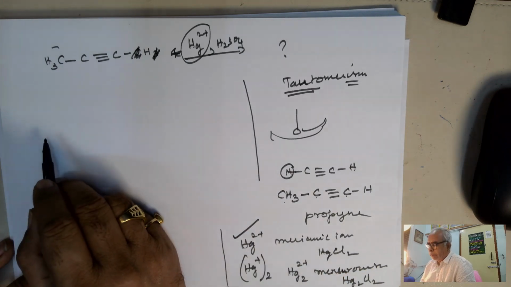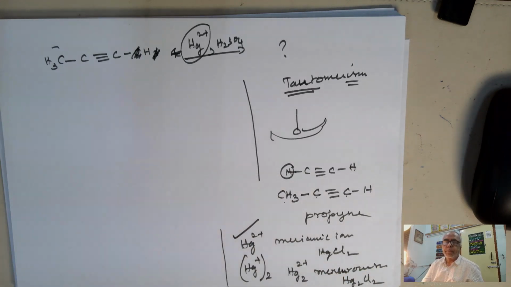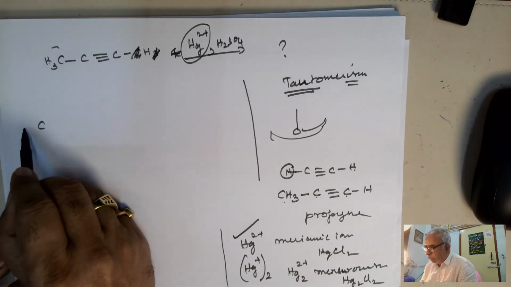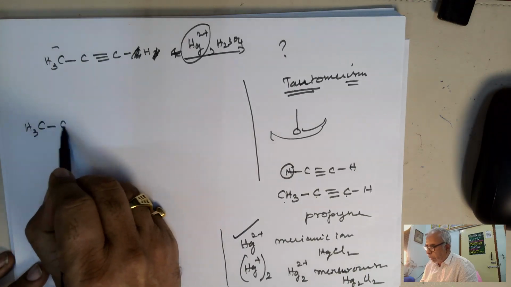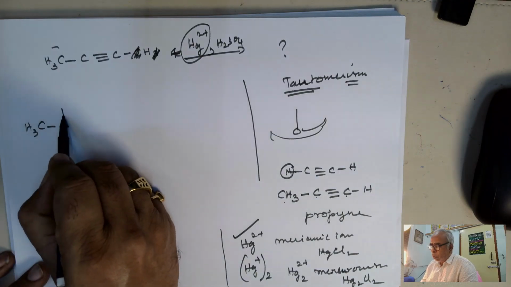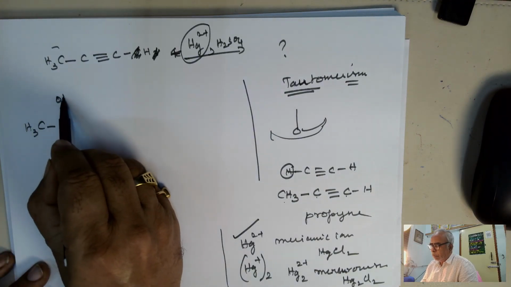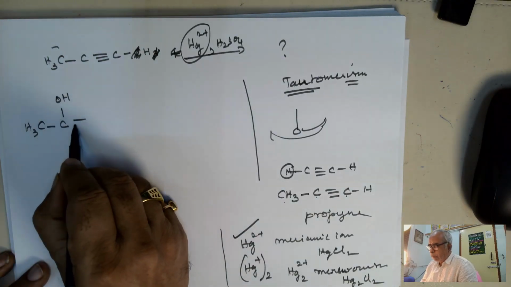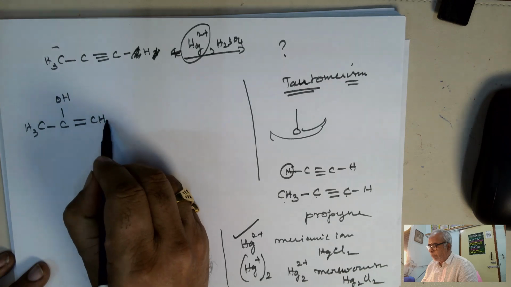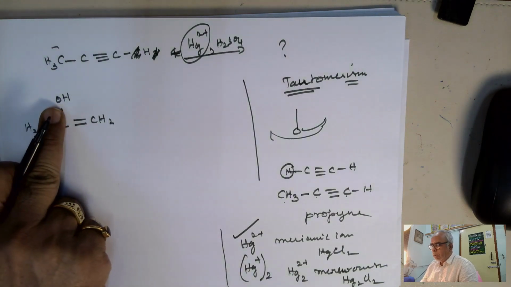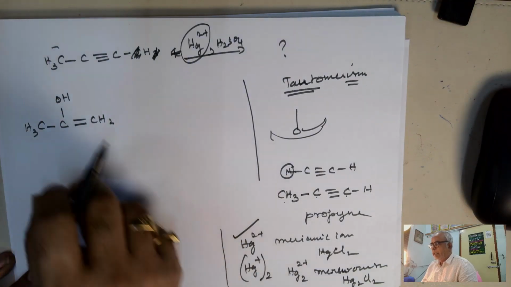Here you are able to get CH3, C, and here you are able to get OH. The triple bond is broken and it becomes a double bond, CH2. So one hydrogen and one hydroxyl group is a kind of hydration.